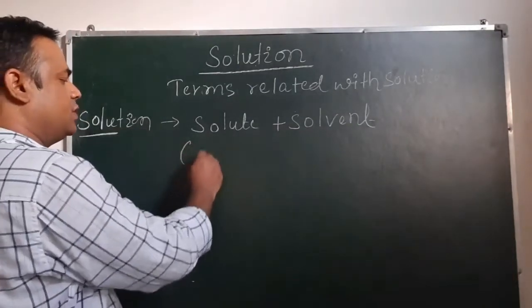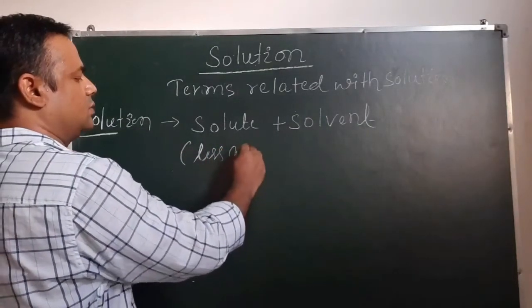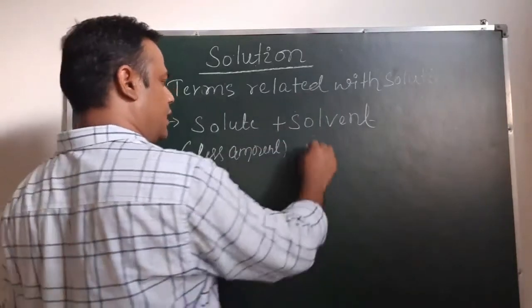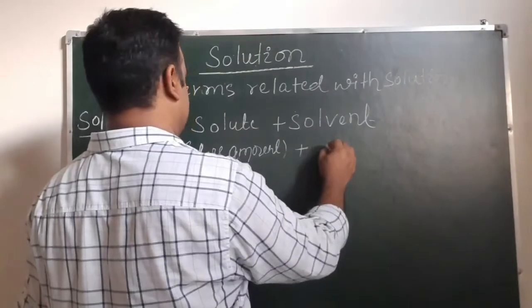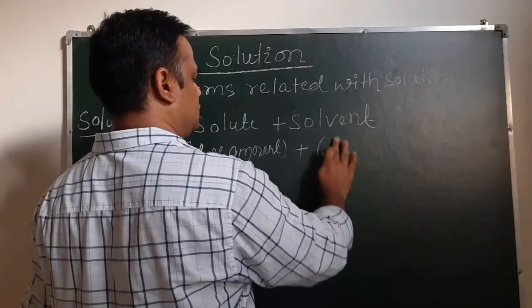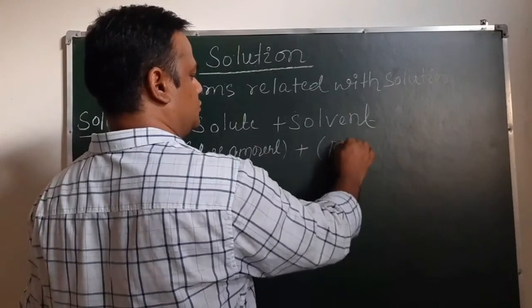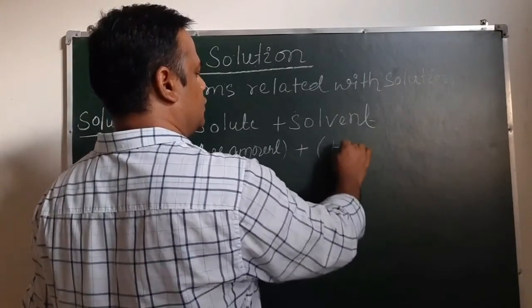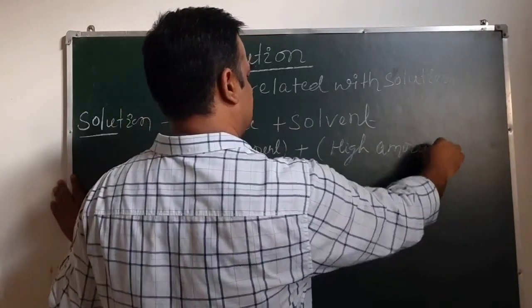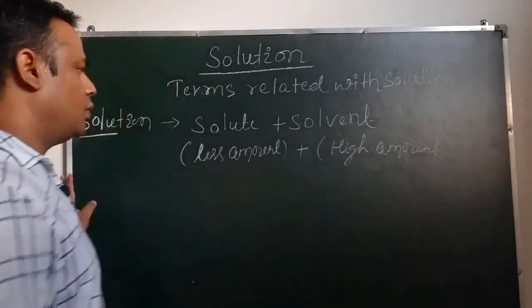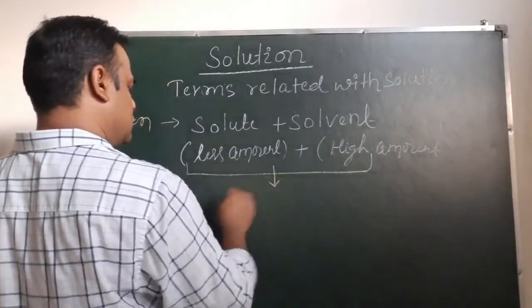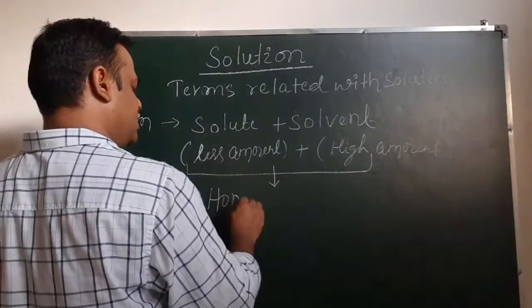Solute is present in less amount and solvent is present in higher amount. And both make a homogeneous mixture when we mix them together.